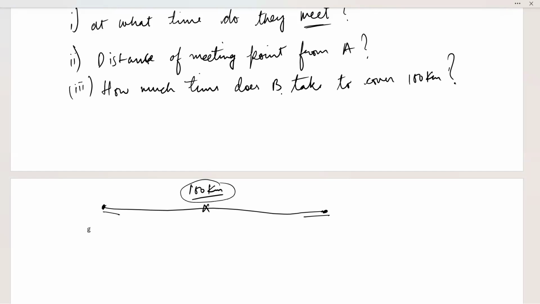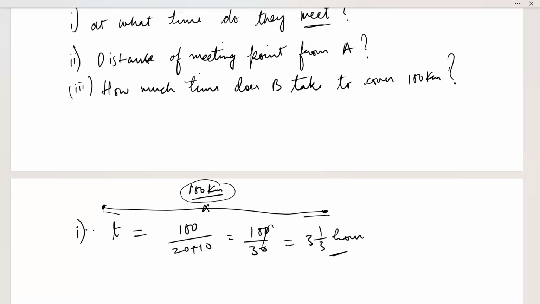So the answer for the first part would be T equals 100 by 20 plus 10, which is 100 by 30. This comes out to be 3 1 by 3 hour from the starting time.